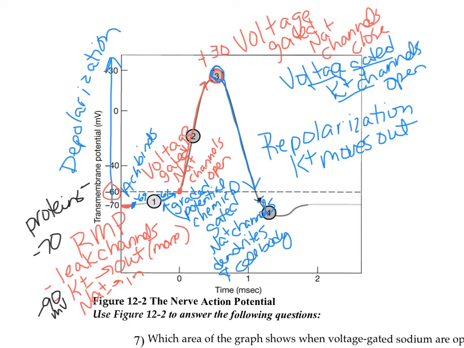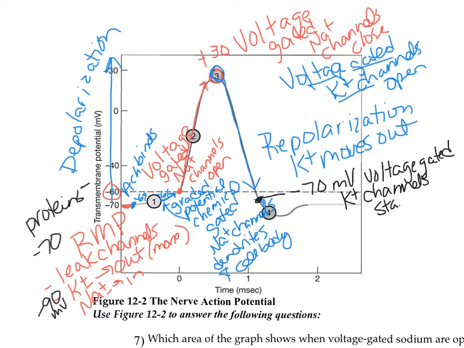So right here, about right there. So at negative 70 millivolts, those voltage-gated potassium channels start to close. But they're not all closing at once. So what does that mean to our charge?